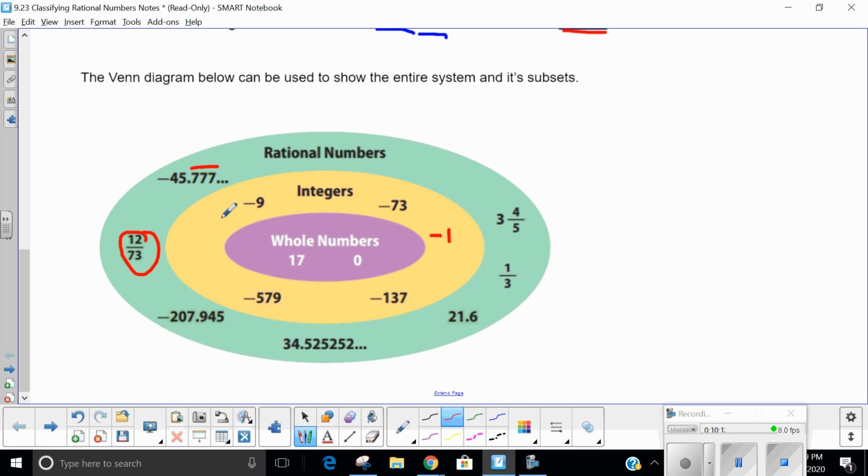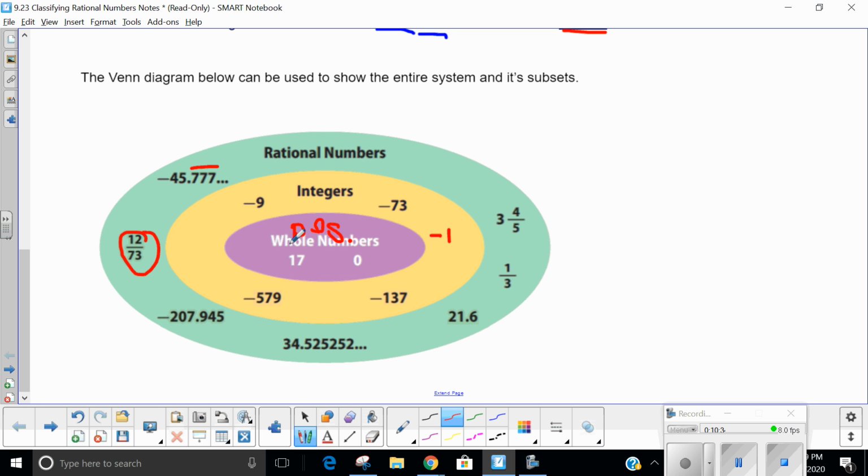Within that group, we go down to the whole numbers. And the whole numbers are going to be our counting numbers, but these are all positive. Whole numbers are always positive numbers. And I can't write with my cursor, so I'm just going to put POS for positive.